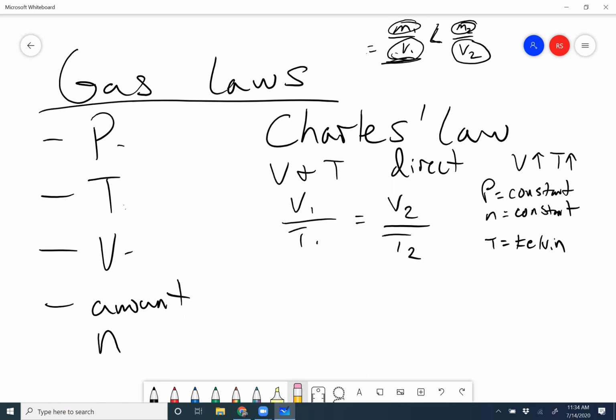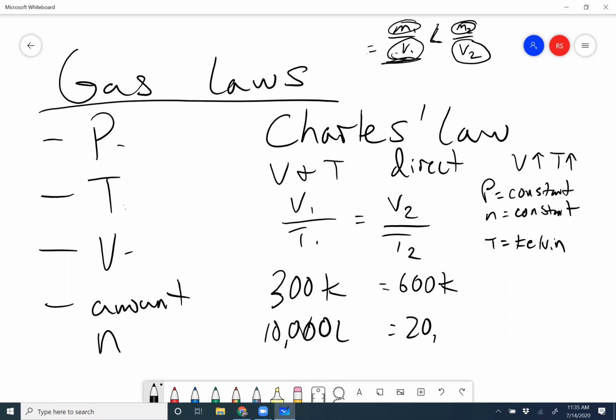Basically, why do hot air balloons go up? Well, when you increase the temperature of the hot air balloon, say it was a nice day outside, so maybe it was 300 Kelvin, and you start getting that hot air close to 600 Kelvin, because we're getting it really hot, we're going to make the volume of our gas go from, let's say our hot air balloon is like 10,000 liters, to 20,000 liters.